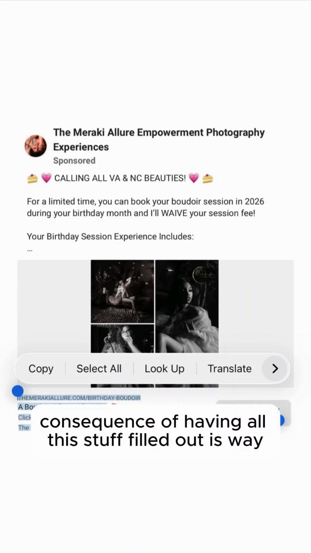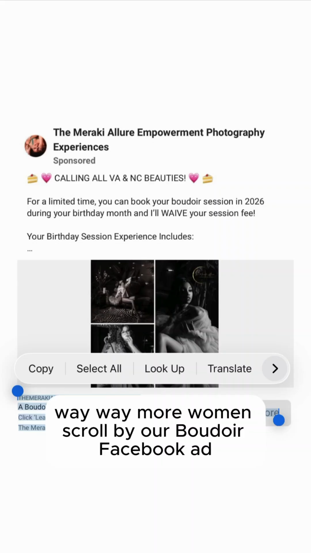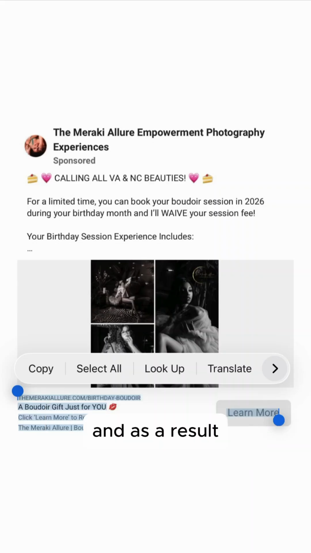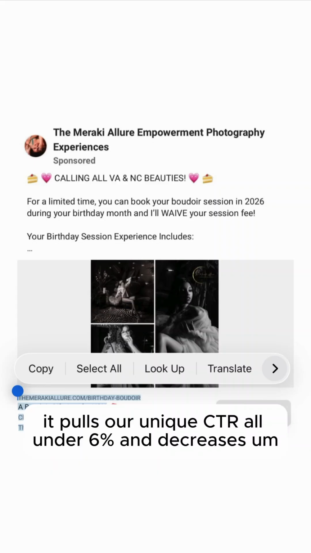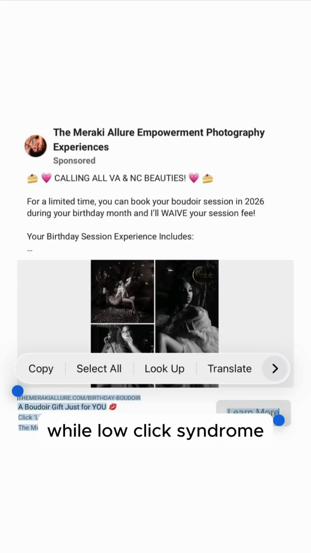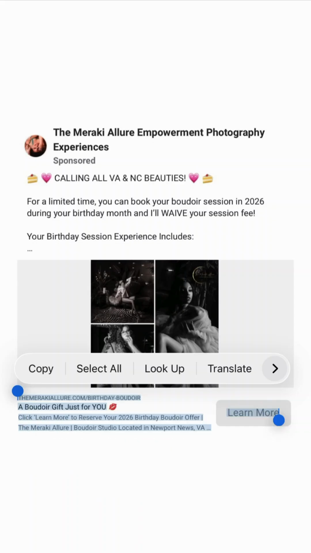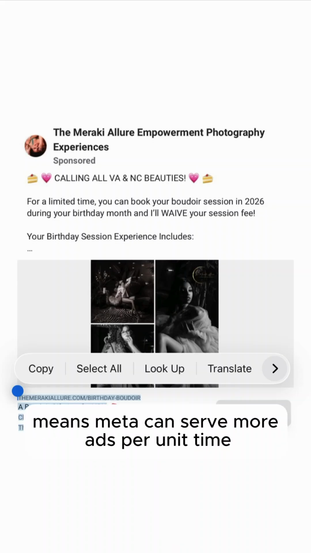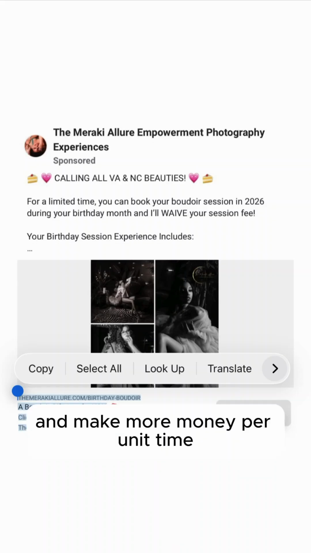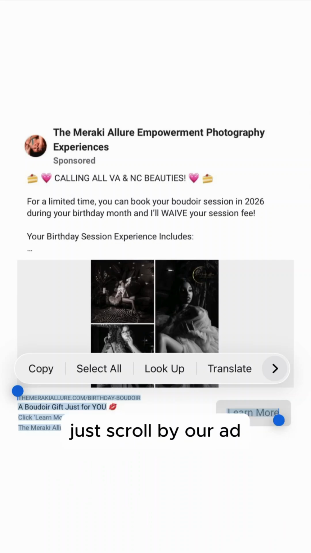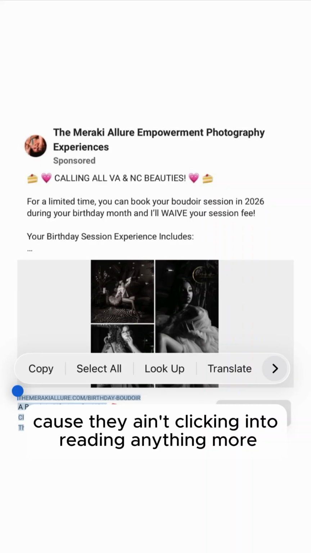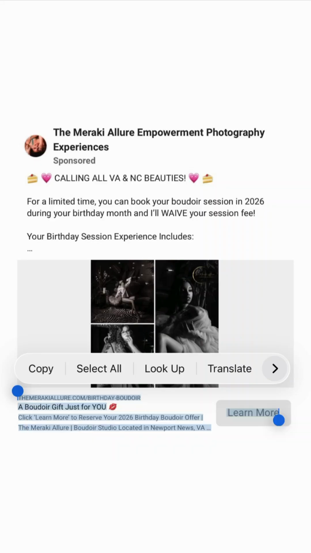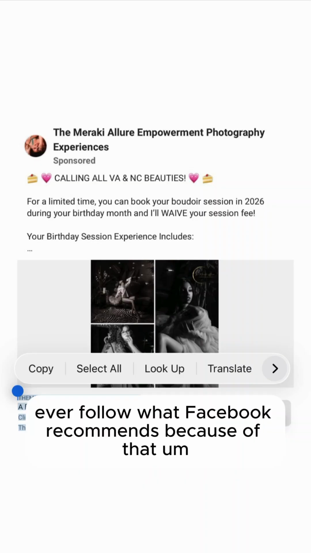A consequence of having all this stuff filled out is way more women scroll by our Boudoir Facebook ad. As a result, it pulls our unique CTR under 6% and increases the probability we have BLCS, Boudoir low click syndrome. And more women scrolling by our ad per unit time means Meta can serve more ads per unit time and make more money per unit time. The more women just scroll by our ad because they aren't clicking in to read anything more, they aren't looking at ours at all. So we never ever follow what Facebook recommends because of that.